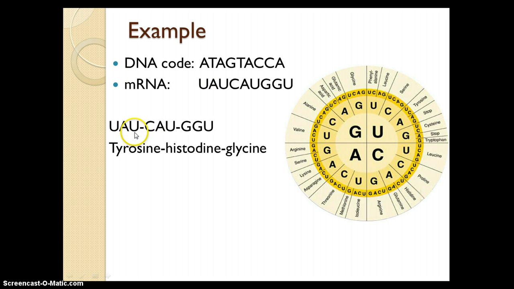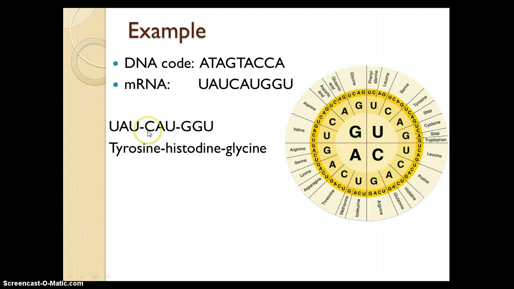So UAU, that's our first codon. With this chart, you start out in the center, and you start with the biggest letter, which is the first base of the codon. So our first base was U, and then we're going to move further towards the outside. Our second base was A, and then further to the outside still, the last base was U. So the amino acid is tyrosine.